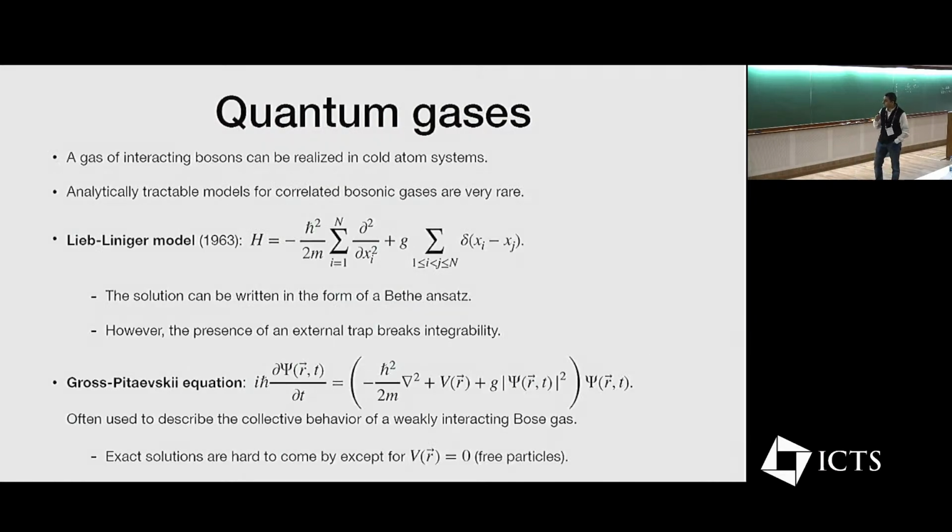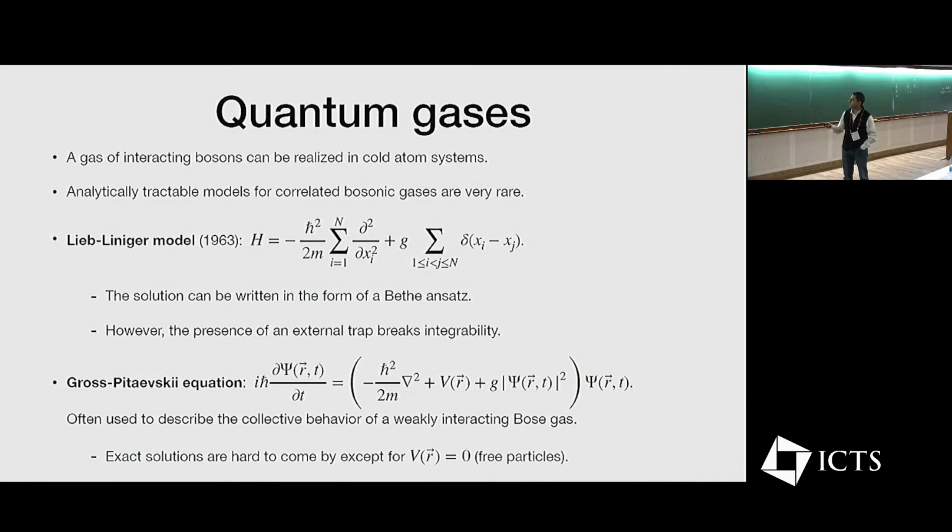If you go to the quantum domain, again there are very few examples where you can do exact analytical calculations. For example, nowadays people are interested in interacting bosons because they can be realized in cold atom experiments, and usually they use this model.